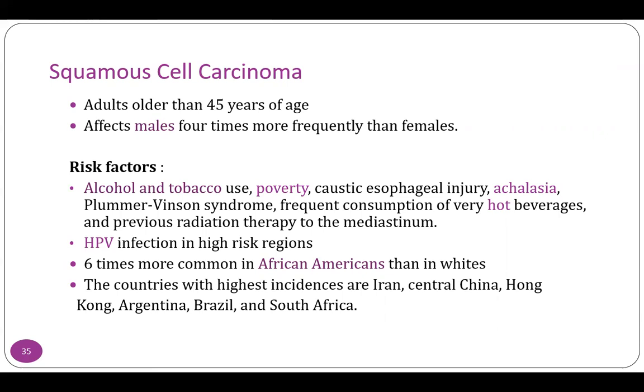Mass lesion, ulcerative, polypoid, nodular, papillary, whatever. So this is the gross growth, and in the microscopic appearance we see squamous cell differentiation. Risk factors for squamous cell carcinoma: alcohol, tobacco use, poverty, all of these are risk factors.